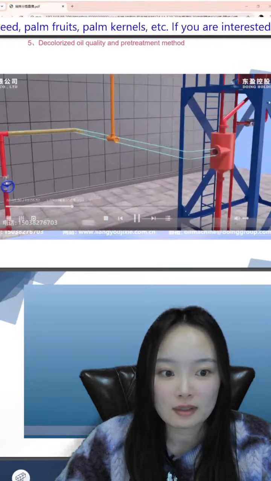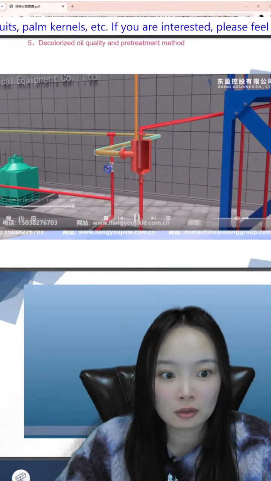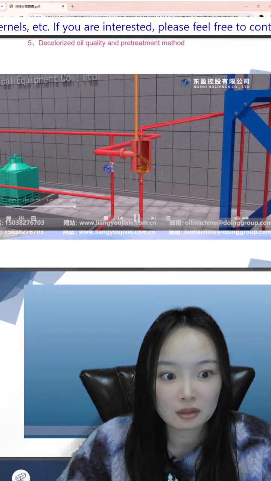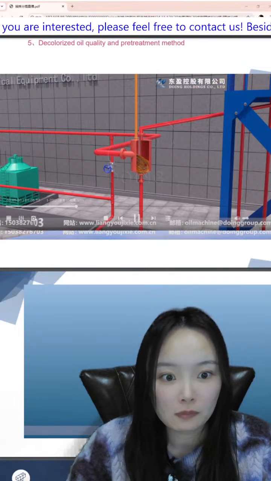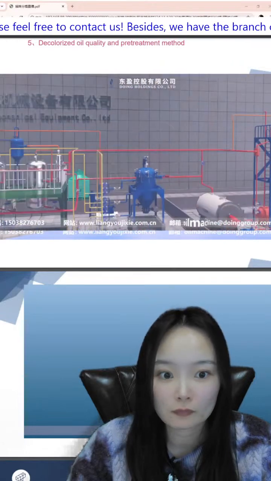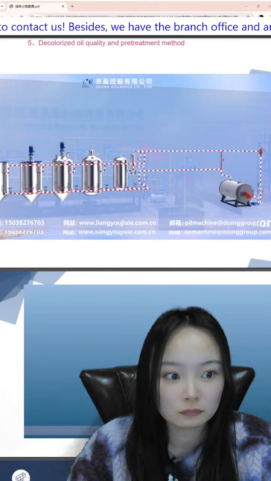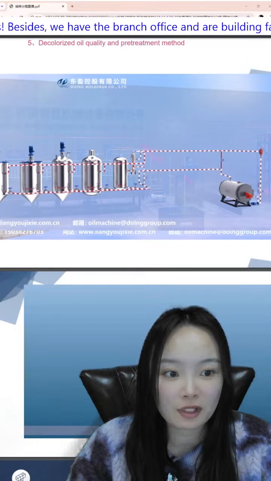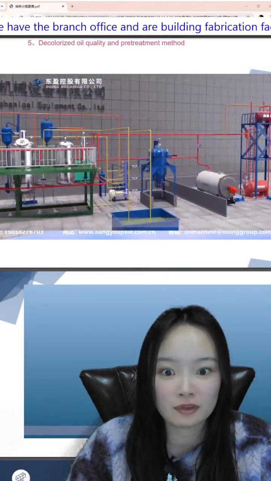You can see that is the whole refining. Yes, the heat transfer oil is cycled throughout the workshop.